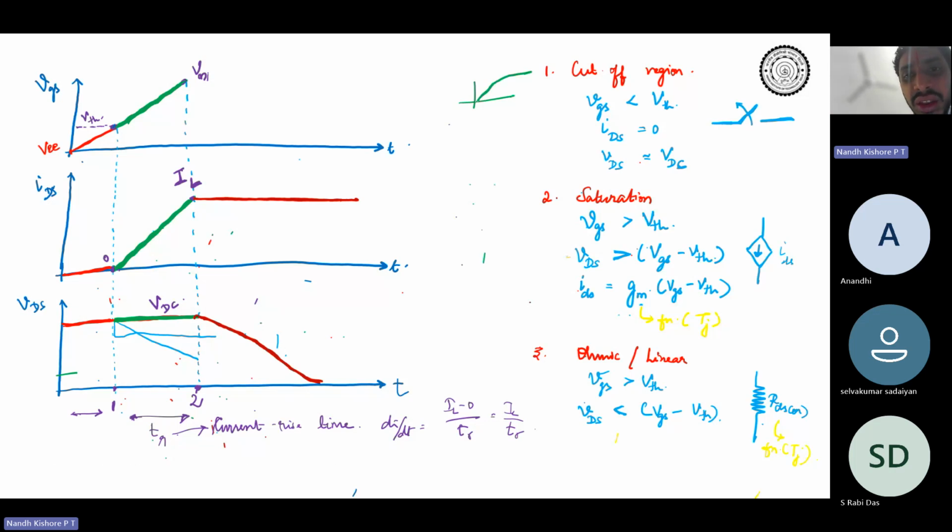In the initial region it is linear, and only later does it become flat. So let's assume we are in this region and VGS increase is linear. So your current increase is also linear. If your current increase is linear, VGS increases linearly and vice versa.